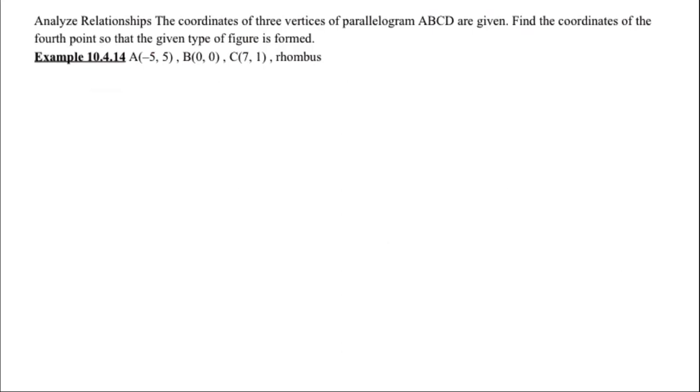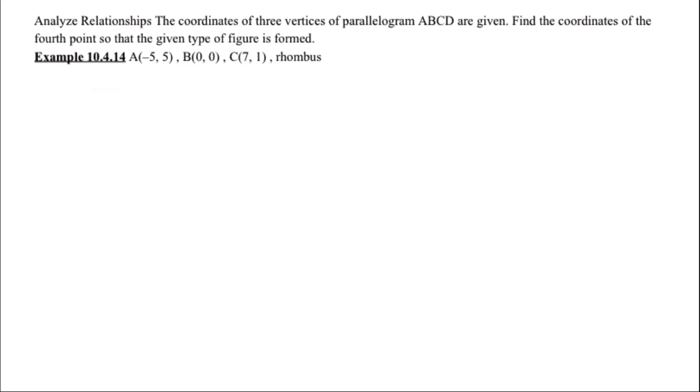All right, guys. Now, in order for it to be a rhombus, what do we know has to be true? It is a parallelogram, and all four sides are congruent, right? So opposite sides are parallel, and all four sides are equal to each other, okay?